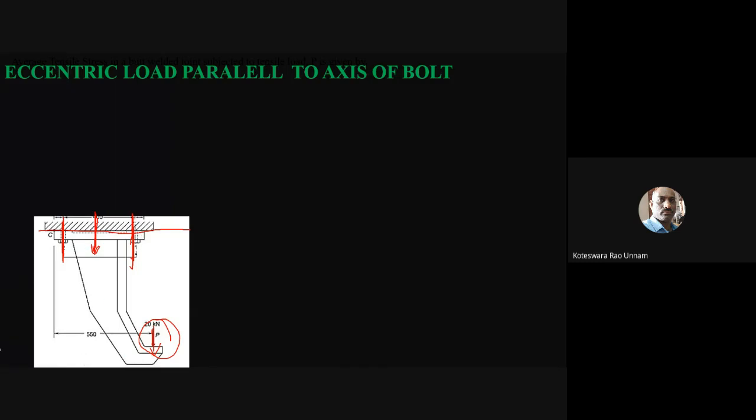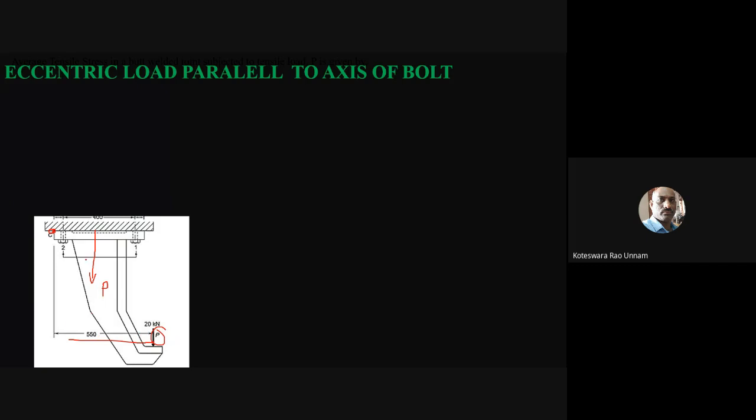If you transfer this load to here, the effect is a direct load of magnitude P, acting in the same direction, and it is also going to have a moment. The tilting point is going to be this. So this load multiplied by this eccentric or offset distance, whatever you call it, will give you the moment value.